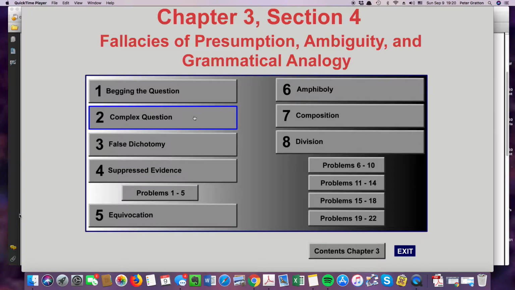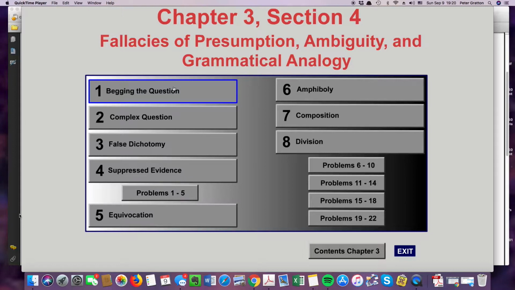Fewer times you'll hear about a complex question. But in any event, let's get into that and what equivocation is, and composition and division. We'll have plenty of problems to work with, and hopefully we can do section 5. If we don't get to that, that'll be a separate video that I'll upload as well.